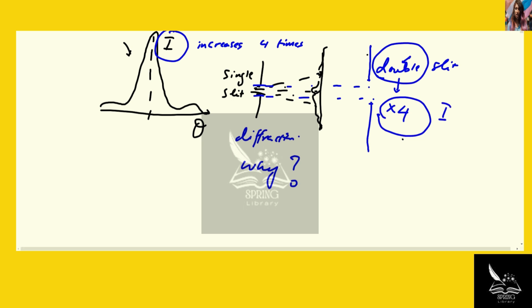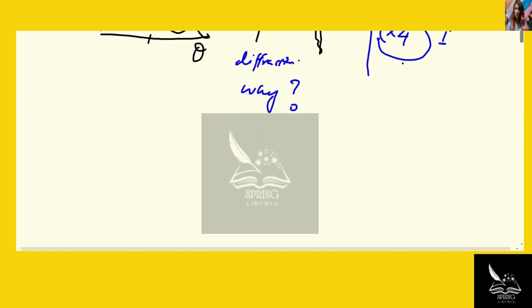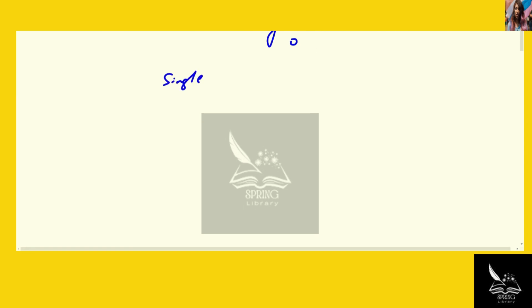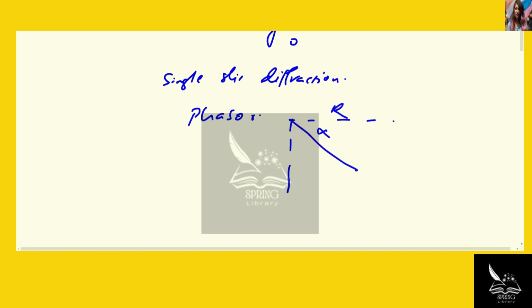There are a couple of things happening. If we think about single slit diffraction, you can see that there's phasing taking place, and one phase angle phasor estimation would look like this. This would be the radius, and then this is our alpha, and this is our amplitude A. That's our initial amplitude right there.